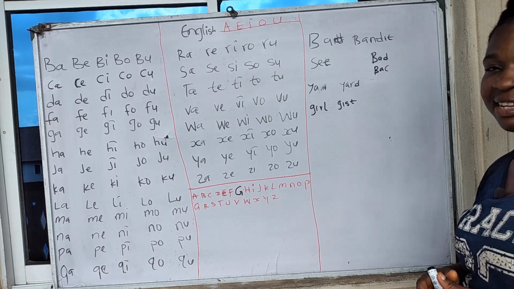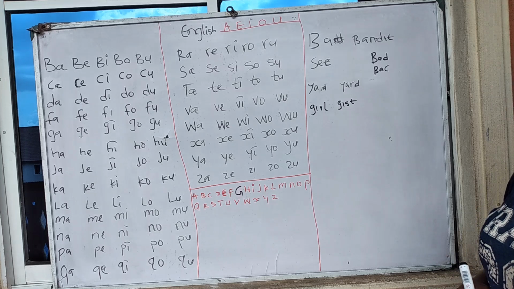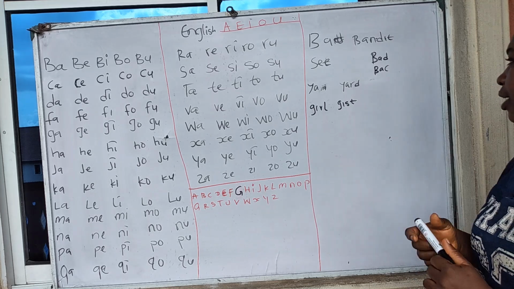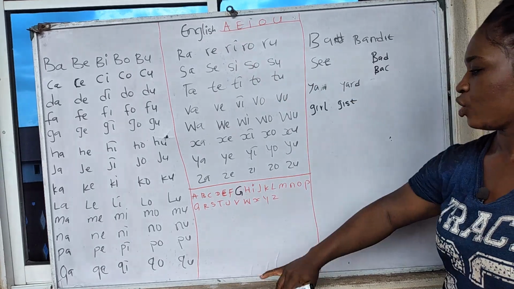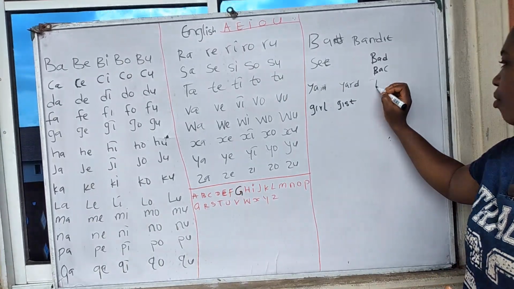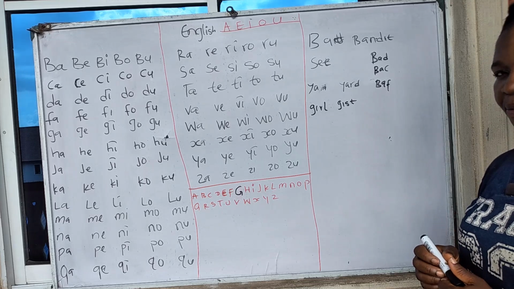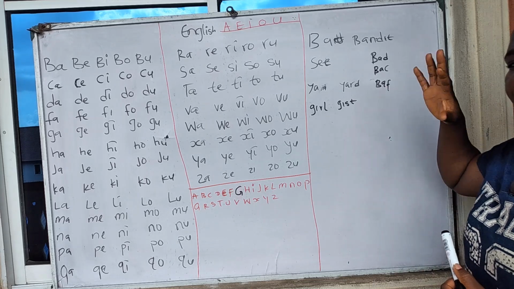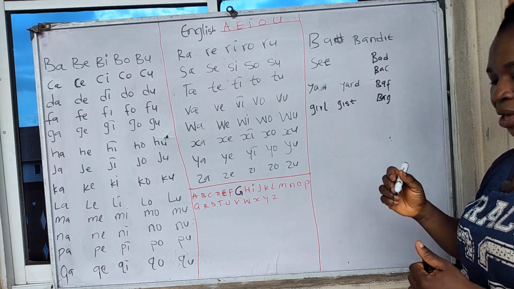Right here it is sounding as the k sound. So let's see another one. After C, we have F, because we're not working with E. So we have the F. We have baff. This is f. If you have another one like G, you have the back.